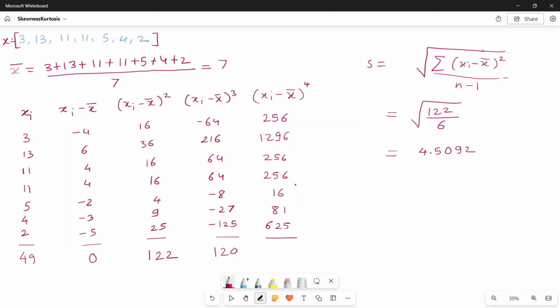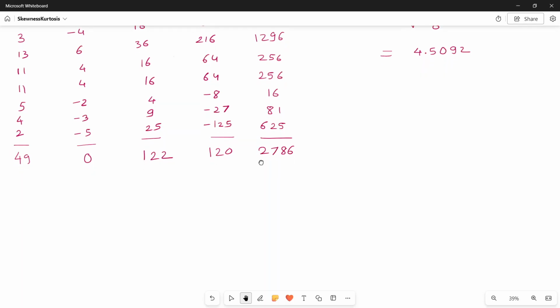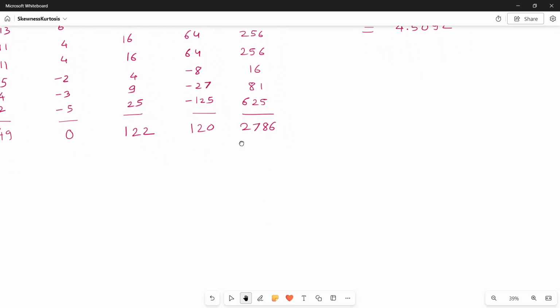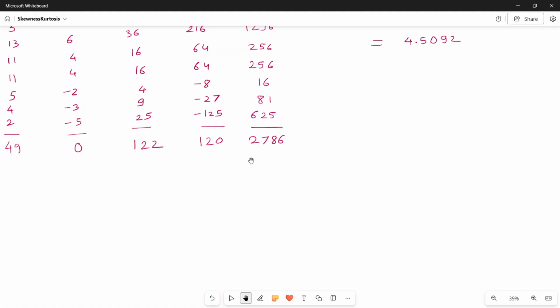And we'll calculate the sum of all these values. Okay, so the sum comes out to be 2786. Okay, and then we'll apply our formula. These are the values.